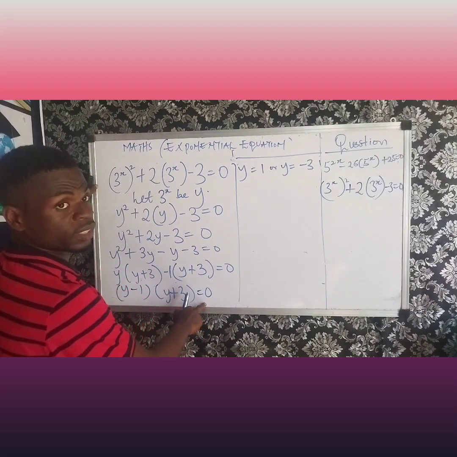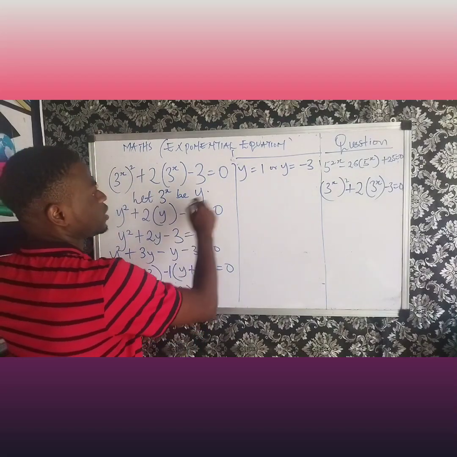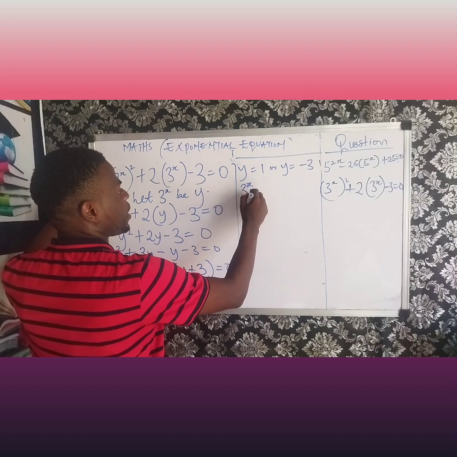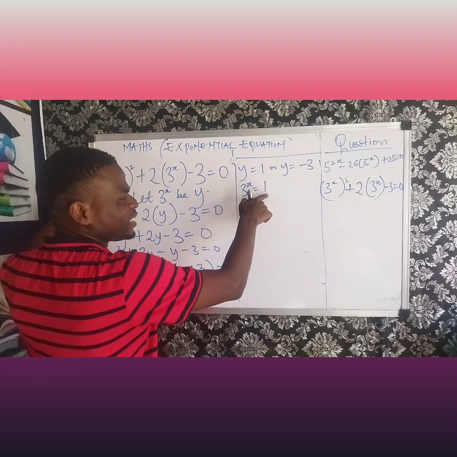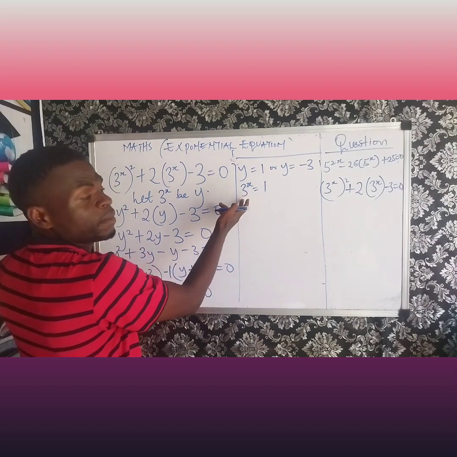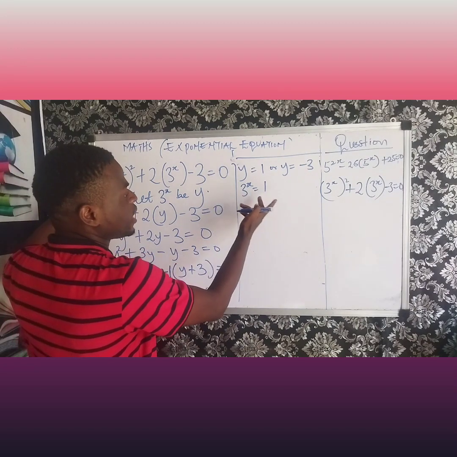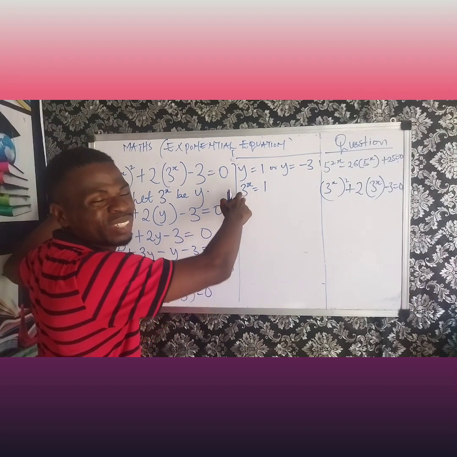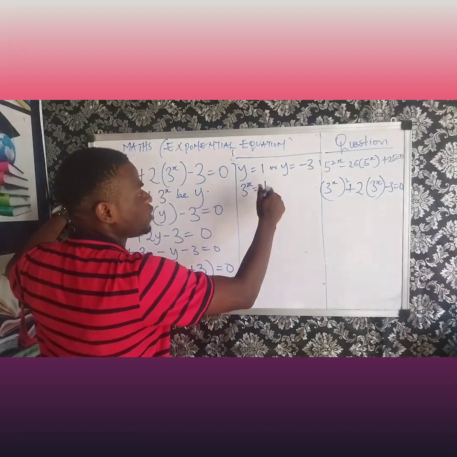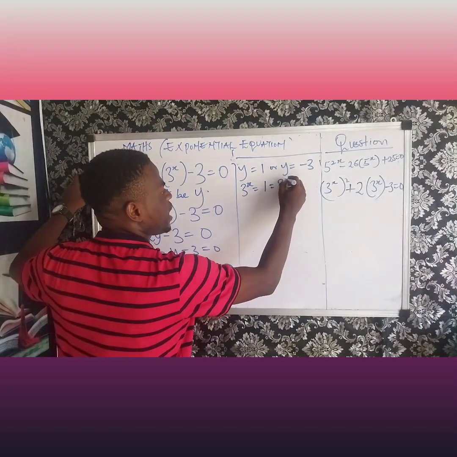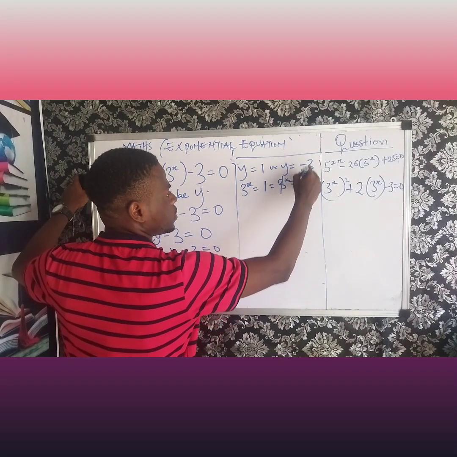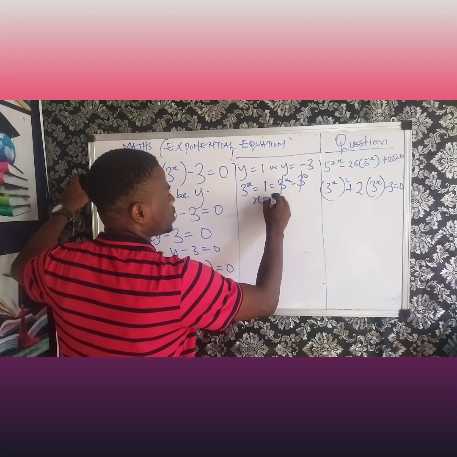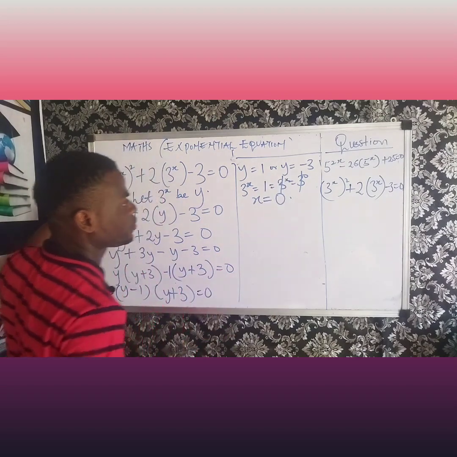Now bring this 3 power x: 3 power x equal to 1. We have to make sure this 1 is in the same base as 3 power x, so that 3 power x equals 3 power 0. So 3 cancels 3, therefore x equal to 0. That's the first one.